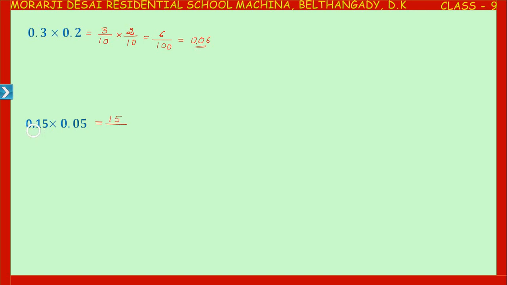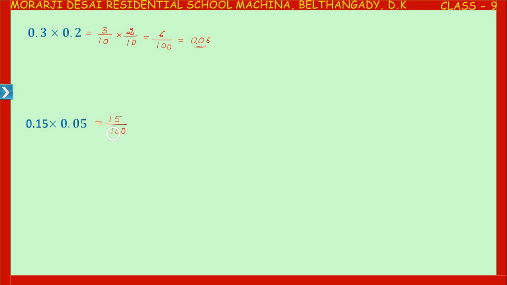And look at the place value after the decimal point. We have tenth place, then hundredth place. So 15 by 100. Place value of the rightmost digit in the decimal part, that is here 5, place value of 5 is hundredth.